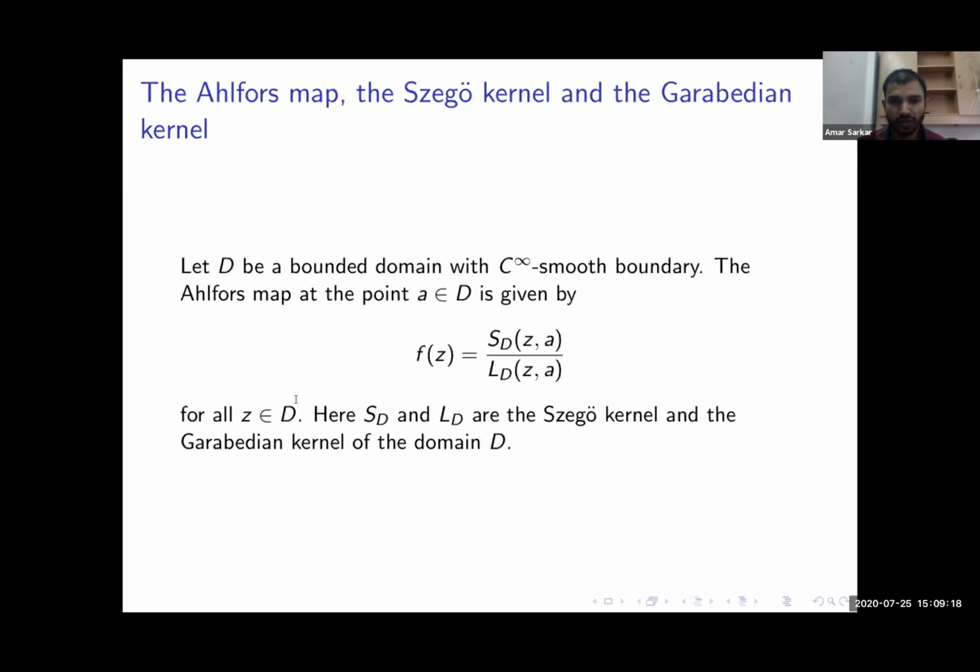The S_D(z, A) is called the Szegő kernel, and L_D(z, A) is called the Garabedian kernel at the point A. How these Szegő and Garabedian kernels are obtained, I'm not going to talk about, but I'll just say that the Szegő kernel is the reproducing kernel which comes from the reproducing kernel Hilbert space known as the Hardy space, and the Garabedian kernel is obtained as a conjugate kernel of the Szegő kernel.